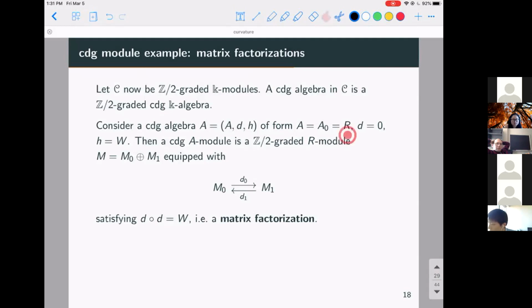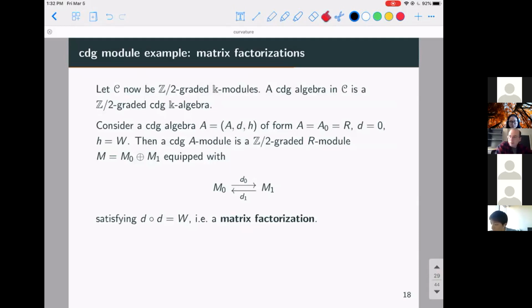It's just an algebra supported in the even part and zero differential. And let me rename the central curvature H to W. It's supposed to be potential. Then the module over A is nothing but a matrix factorization.